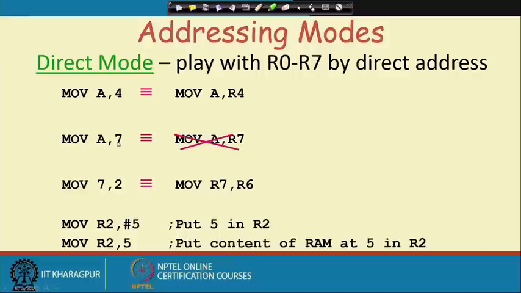Then MOV A, 7 is correct, but we cannot write MOV A, R7 in that form, so this is not allowed. Then MOV R2, #5 puts 5 in R2, and MOV R2, 5 puts the content of RAM location 5 in R2. We have already discussed this. The only thing to note is that MOV A, R7 is not allowed, so R7 cannot be used in the direct addressing mode.